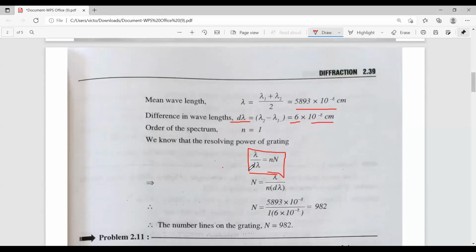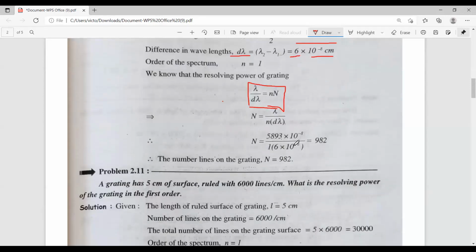Now substitute these values in the formula. Lambda by d lambda: the lambda value is 5893 into 10 power minus 8 by n, that is first order, and d lambda is the difference in the wavelength, which is 6 into 10 power minus 8 centimeters.